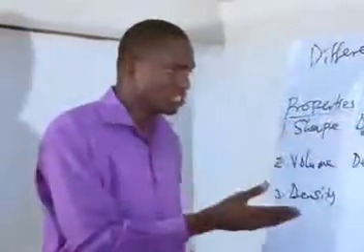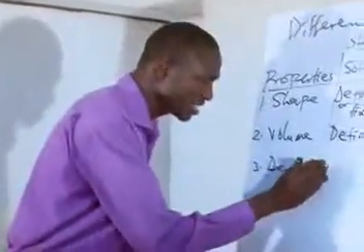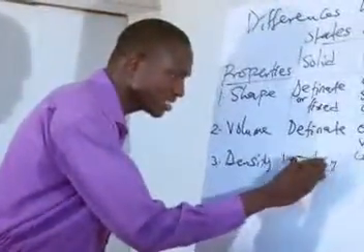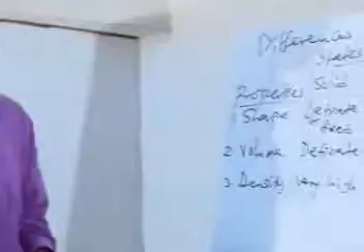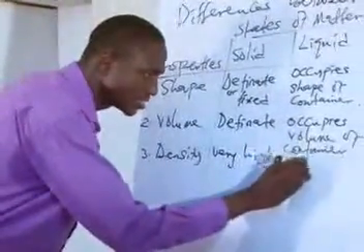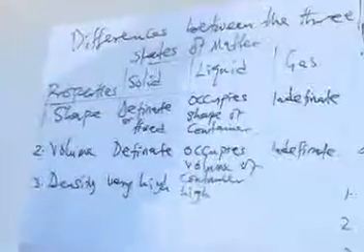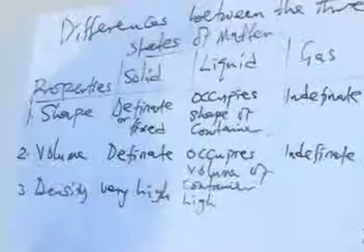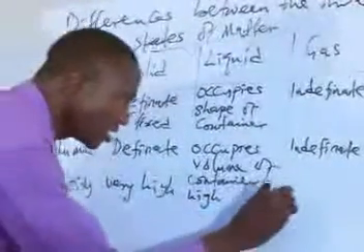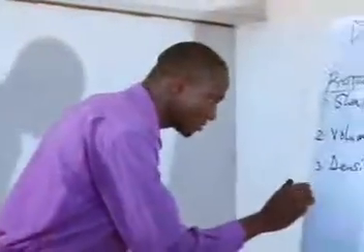Solid substances have definite shape and definite volume, so their density is very high. Liquids have high density, but not as high as solids. While gases have a very low density. The next property is compressibility.